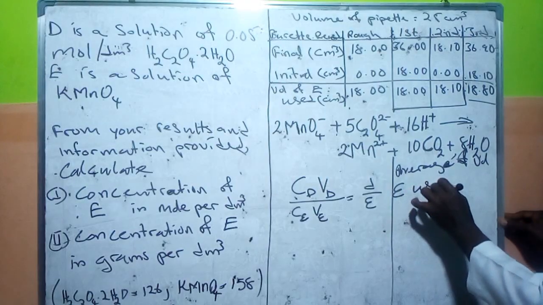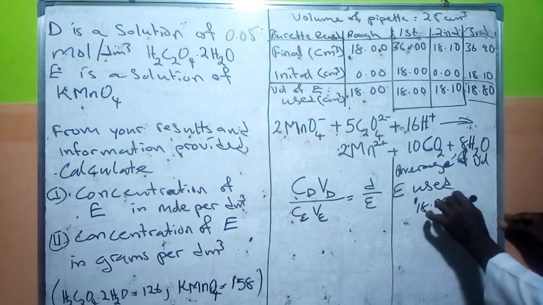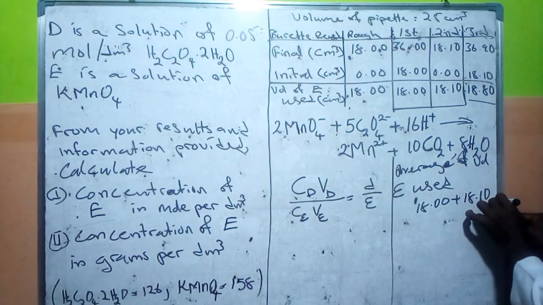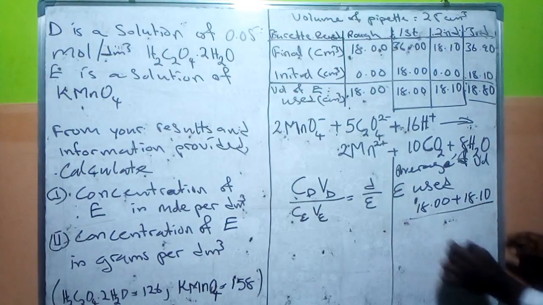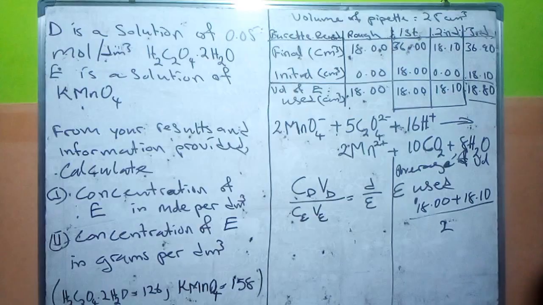E used will give us 18.00 plus 18.10. Because they are 2, we divide by 2. So let's see what we get there.